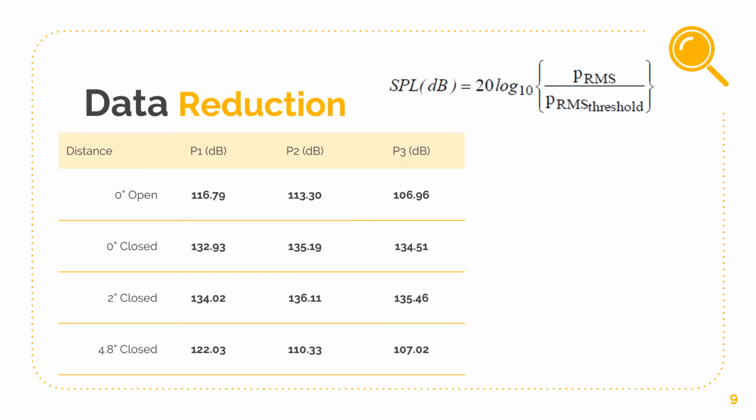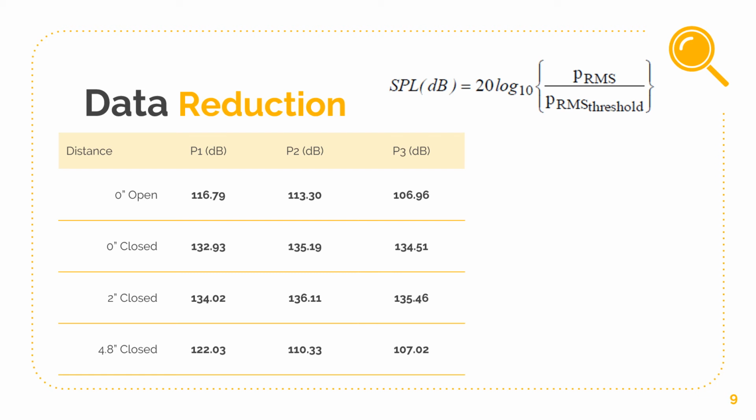These data reductions and the formula that you can now see on the top right of your screen were used to convert the root mean square voltage into the decibels that can be seen on the screen now.